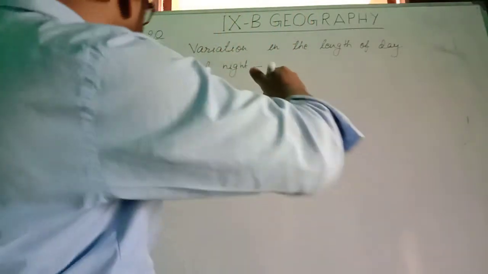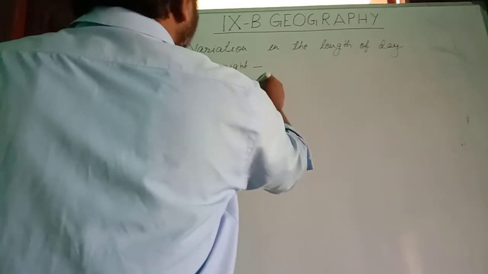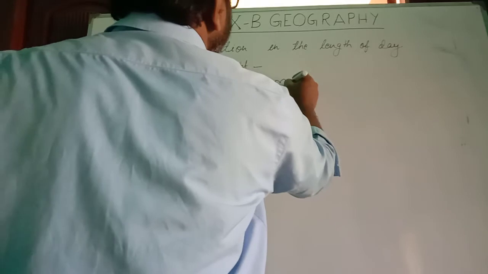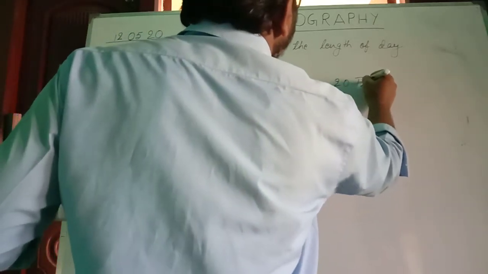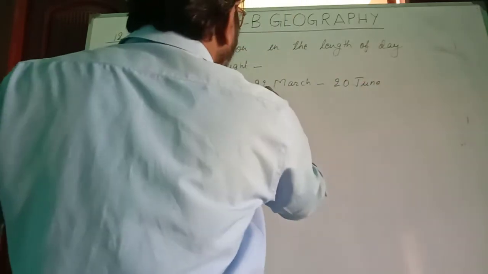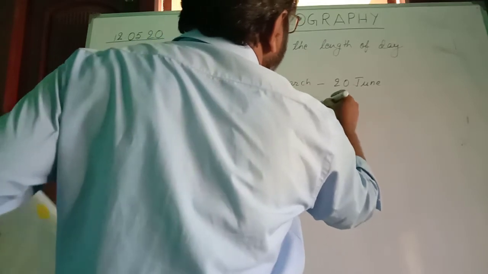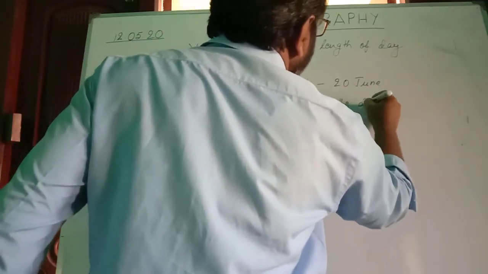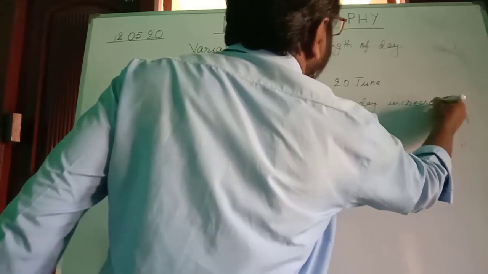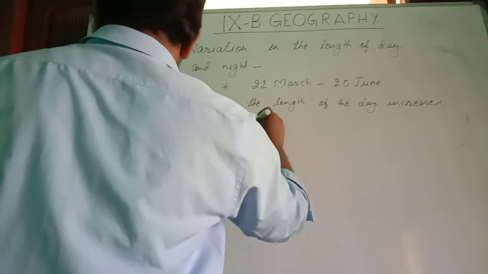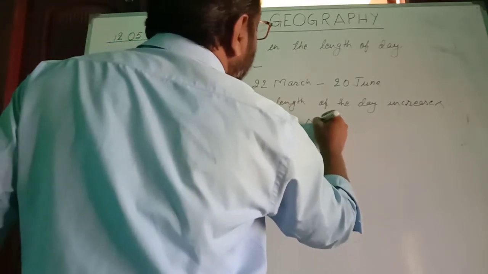So what are we seeing? From 22nd March to 20th June, the length of the day increases in the northern hemisphere.